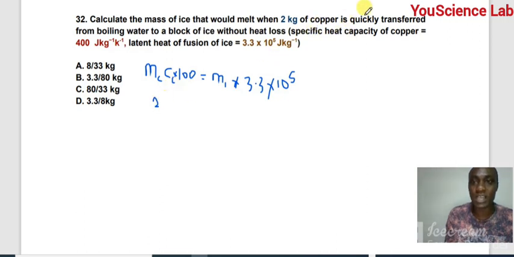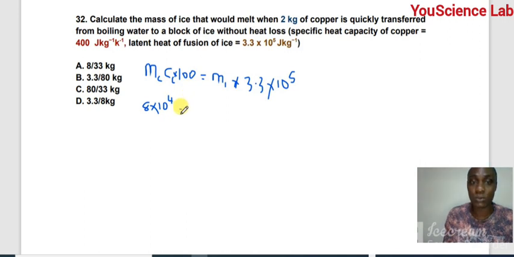Let me just work this out from here, the mass of copper is 2 kilogram. 2 times 400, that's 800, times the temperature change, that's 100. 800 times 100, I'm going to have 8 times 10 raised to power 4. 800 is 8 times 10 raised to power 2, and 100 is 10 raised to power 2. So you multiply 8 by 1, that will give you 8. Then add the powers, that's 8 times 10 to the 4.